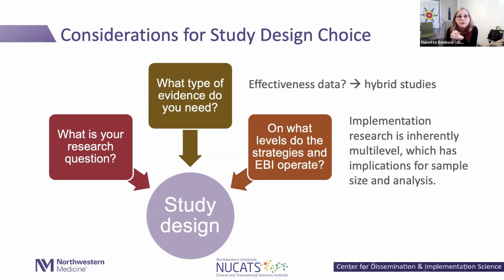And all of these will inform your study design, and you should make sure that you have all of these answered. And if you could have effectiveness data or some evidence, that will be addressed in hybrid designs, which Sarah will talk about shortly. One important reason for answering these questions is that it is going to have a lot of implications on the sample size and what you will be analyzing. Next.